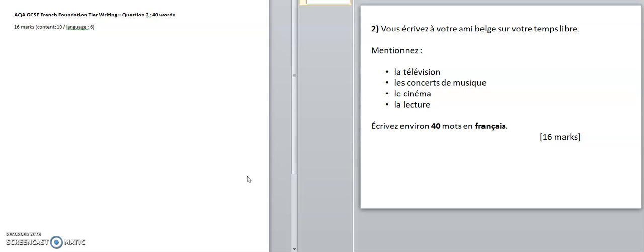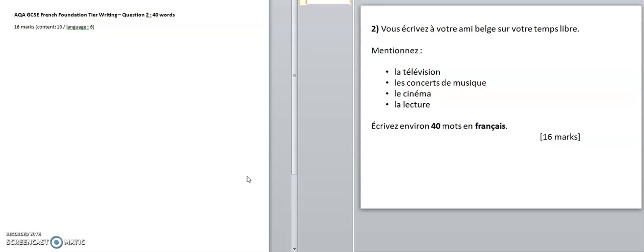So hopefully I'm going to show you how it's very doable to get a really top mark without loads and loads of complexity, because this is a question which wants accuracy rather than complexity. There's no need to put loads of complex language in here.